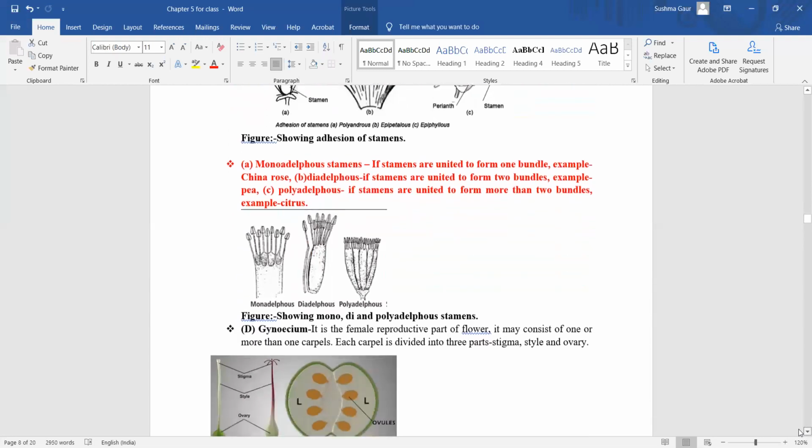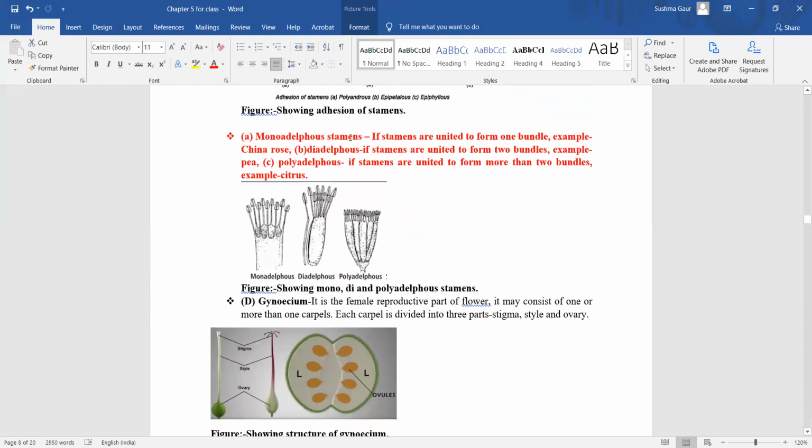Okay. Now, what are monoadelphous stamens? If the stamens are united and they are forming a single bundle, as in case of China rose, it represents monoadelphous. You can see here all the stamens, we can group them in one category, or we can say they are forming one bundle.